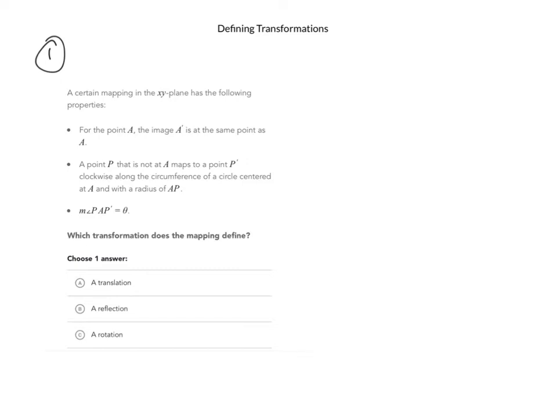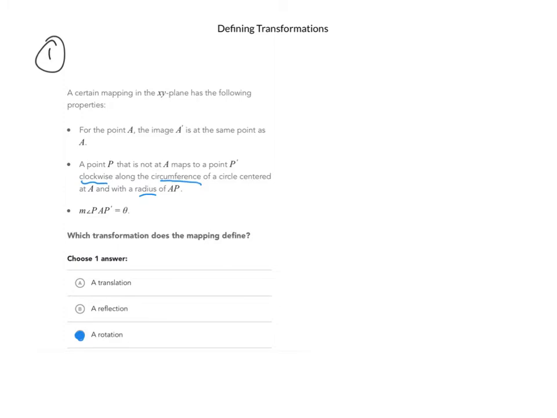Well, when I hear it talking about clockwise and creating a circumference and a circle and radius, that should clue you into only one of these, translation, reflection, rotation, ever really talked about a clockwise or counterclockwise movement, and that would be a rotation.